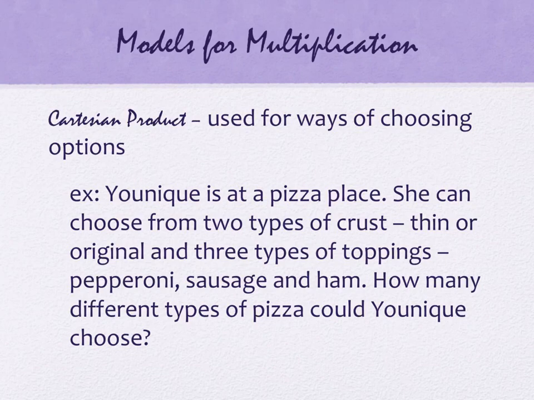So we can put them in pairs. I'll draw a couple of imageries of this so you can see. We could put them in pairs like we did the Cartesian product. I think I have some space over here. I do. Where we say that she picks, I'll do capital T for thin and O for original. Okay, so a thin crust with pepperoni. She does a thin crust with sausage, or she does a thin crust with ham.